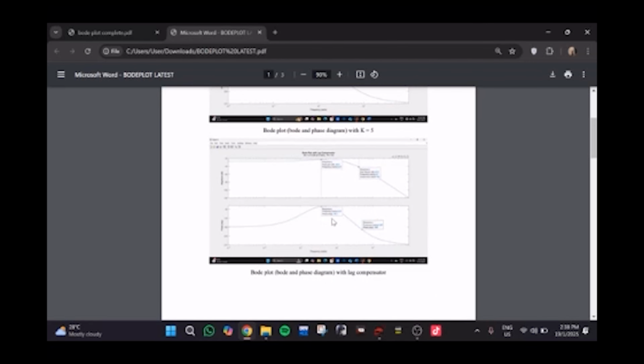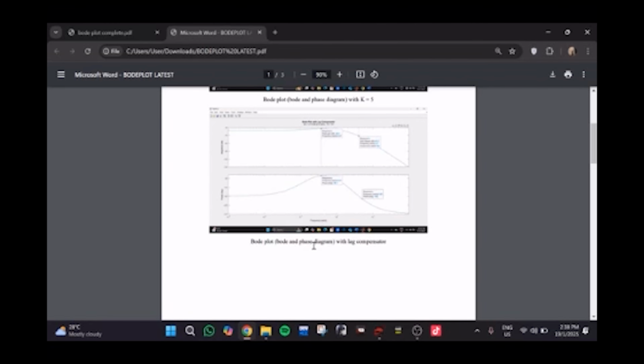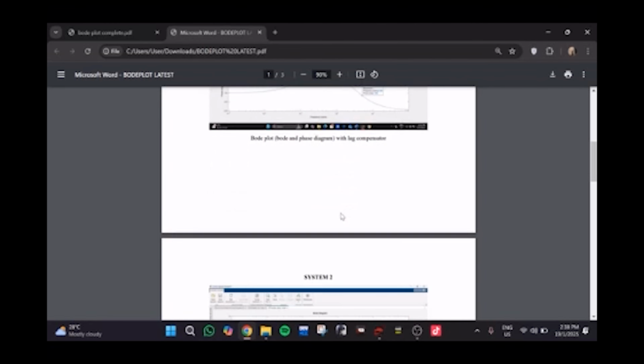Frequency in radians we get 0.37, phase we get negative 76.1. Frequency in radians we get 5.02, phase in degrees we get negative 193.